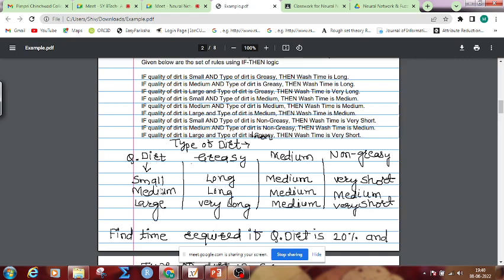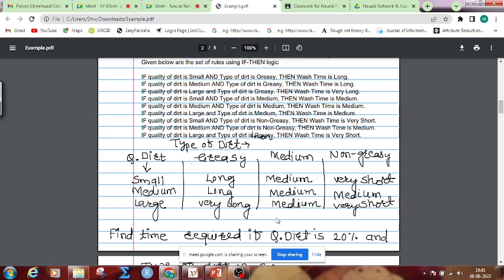When quality of dirt is medium and type of dirt is greasy, the time required will be long again. In a similar way, when quality of dirt is large and type of dirt is non-greasy, what will be the required time? It will be very short. So likewise you can read this table. This table will be given to you.